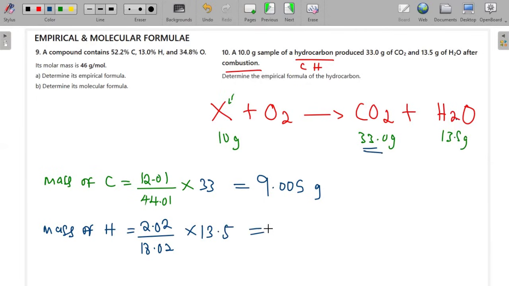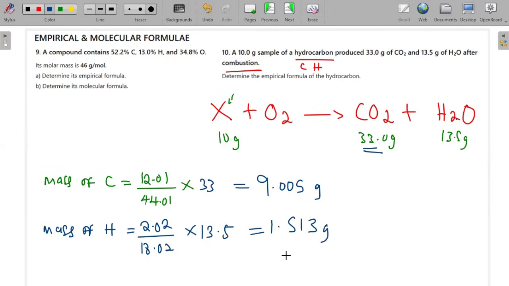So in brackets, you say 2.02 divided by 18.02 multiplied by 13.5. Okay, so what I'm going to get there will be simply 1.513. Okay, so I'll end there.